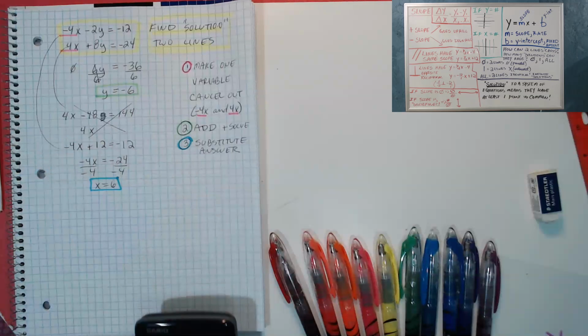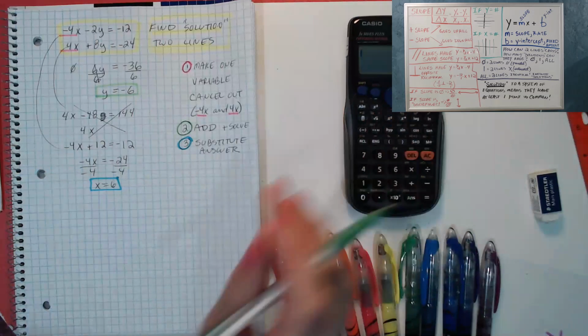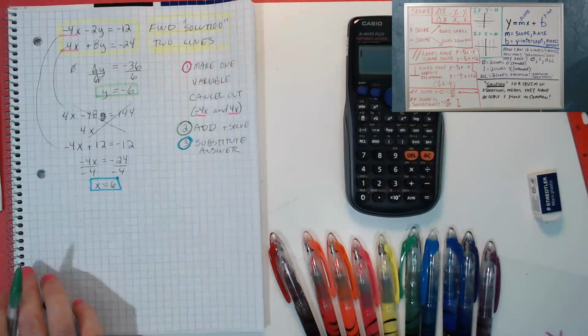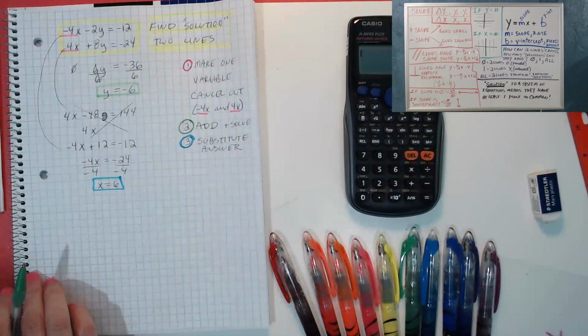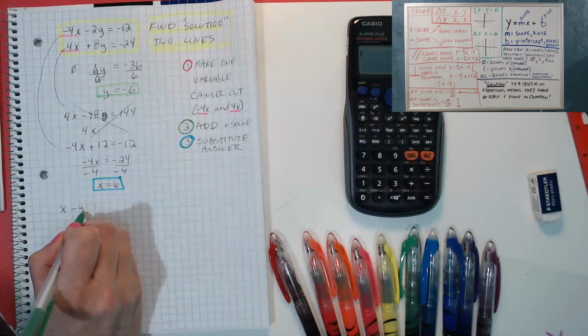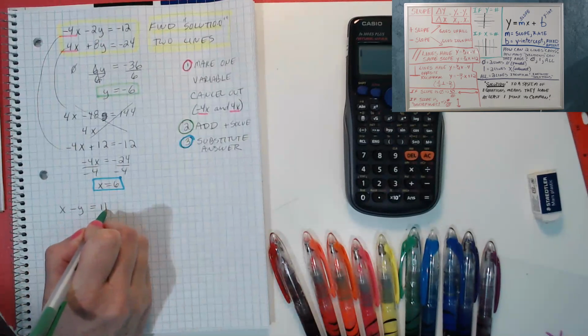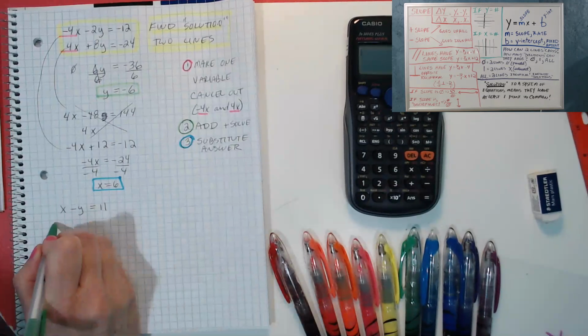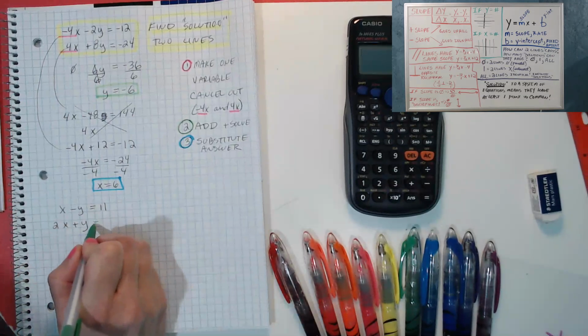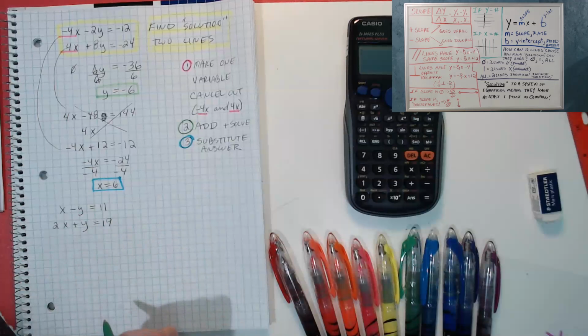Okay, let's do another one. I want to do at least one more normal before I throw some questions at you that involve this. So let's do x minus y equals 11, 2x plus y equals 19.